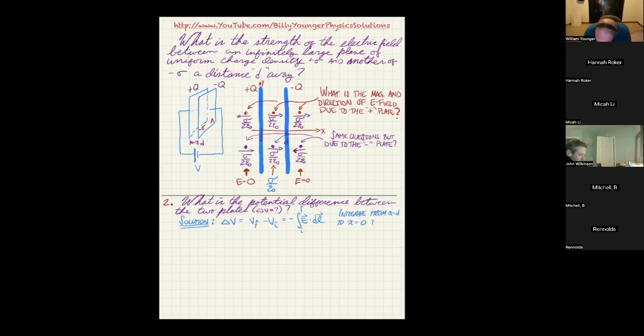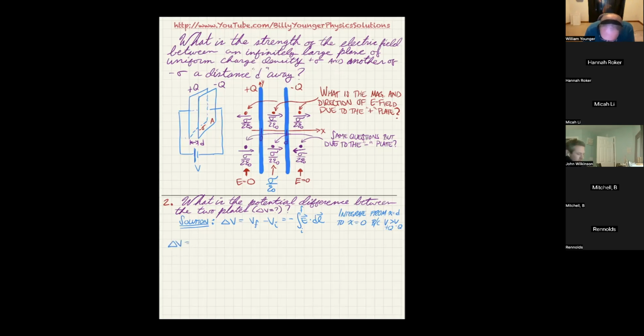And I'm doing that because V at positive Q is greater than V at negative Q. In other words, we know already that the voltage is higher on the positive plate. And if I integrate from the negative plate to the positive plate, then delta V, which is final minus initial, should be a positive. Okay? So this is how I do it.